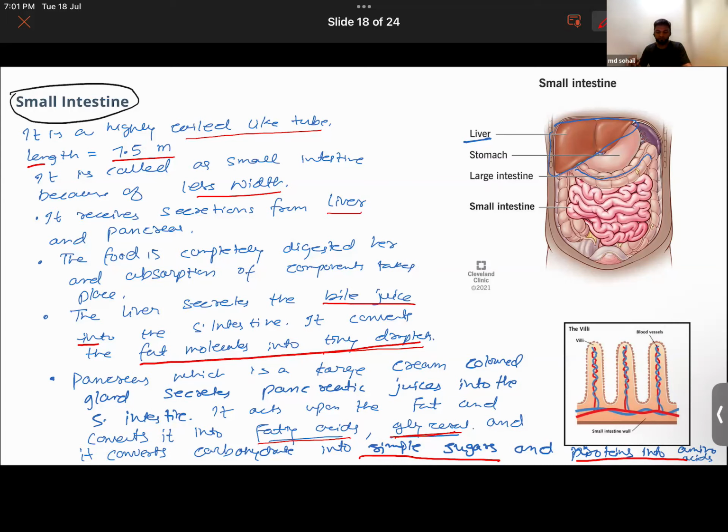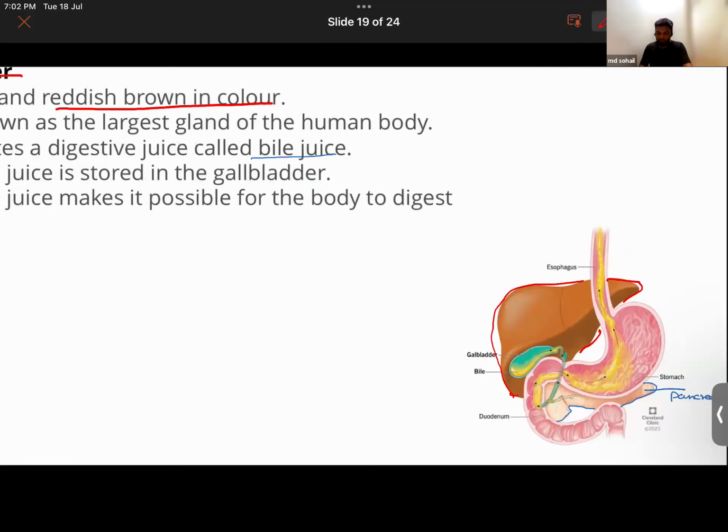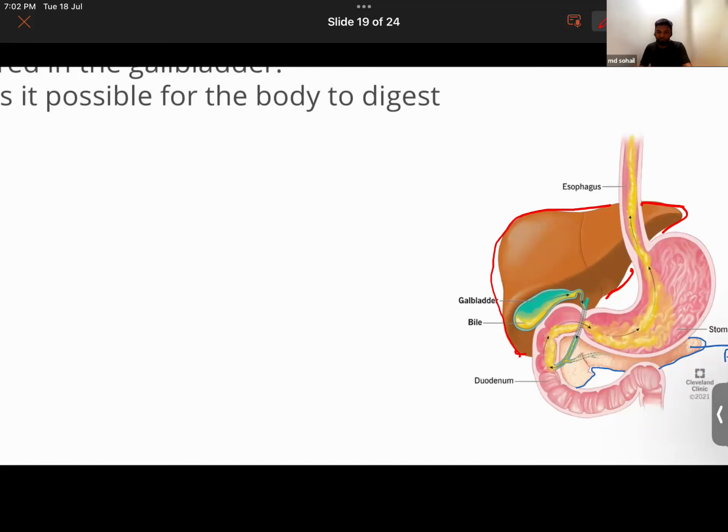Right. Yes, sir. Okay. Now let's talk about the liver, which is a gland. The liver is a reddish brown gland, which you can see over here. If you see the comparison here, it might not be correct, but it appears to be larger in size than the stomach itself, right?